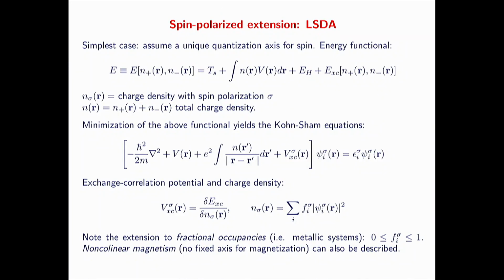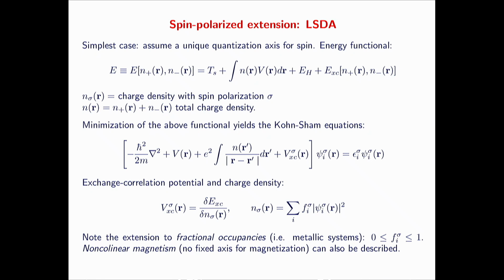You may have noticed that there is nothing looking like a spin in this theory until now. In fact, the original density functional theory works for a strange object, spinless fermions, which are of course a contradiction.